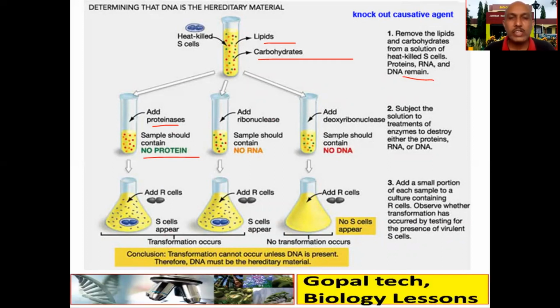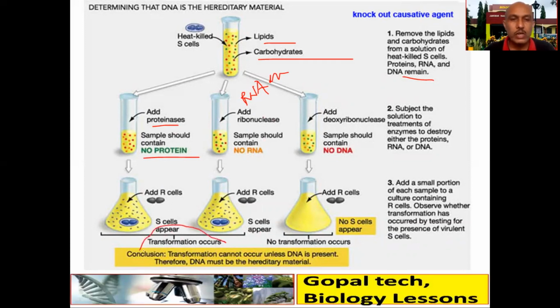Add ribonuclease, that is RNase enzyme. The sample should contain no RNA. Add R cells again, and they convert into S cells.